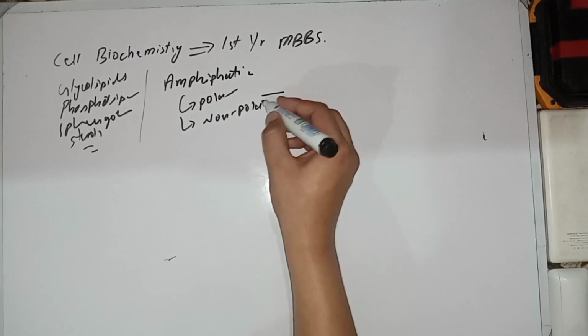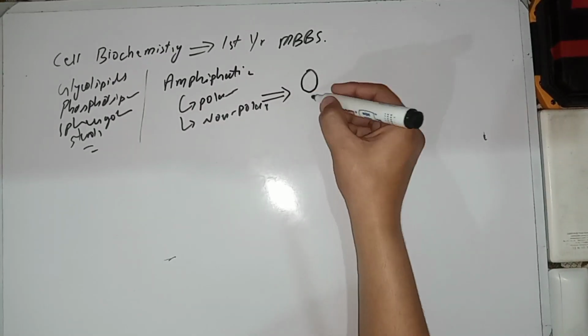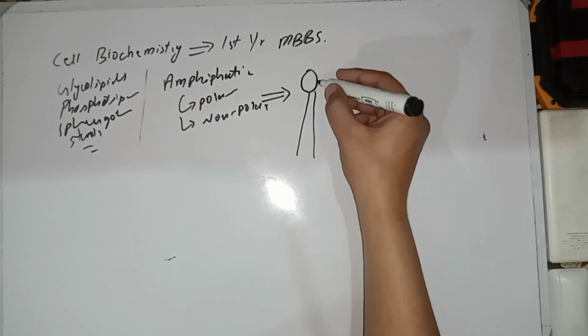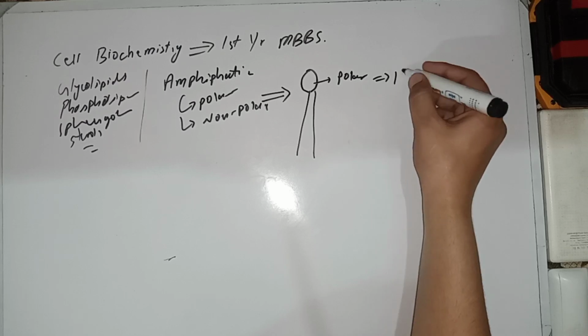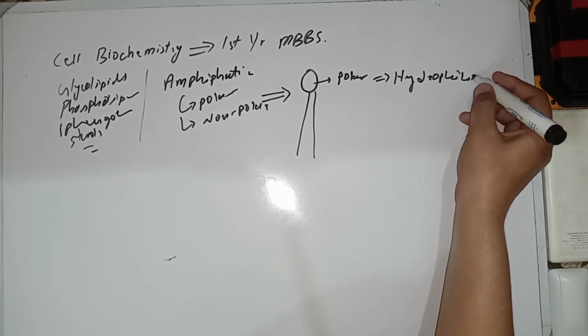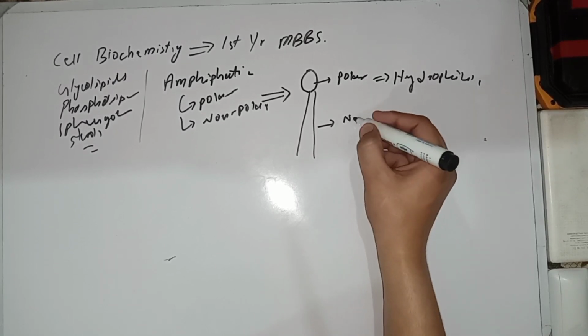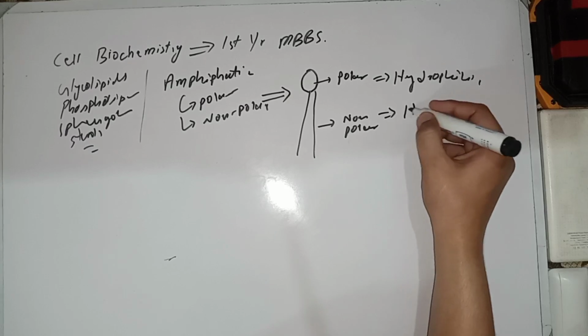When we come to a typical phospholipid, we know that a phospholipid has one head region and a tail region. This head region is polar or hydrophilic. However, this tail region is non-polar or hydrophobic.